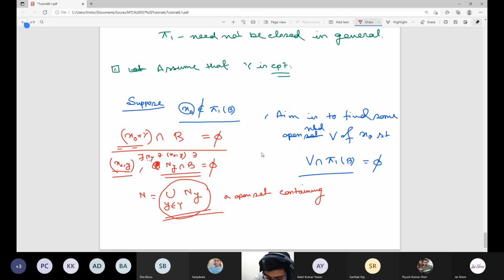Then what does this union contain? Can we say x0 cross Y is a subset of N?